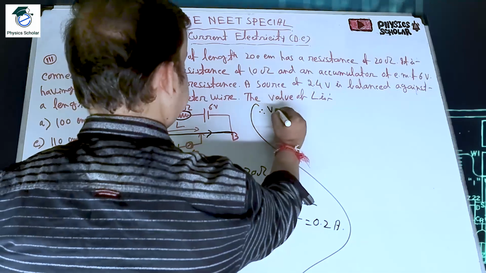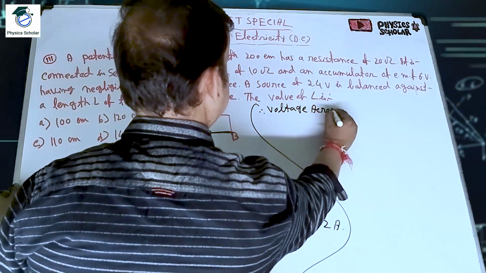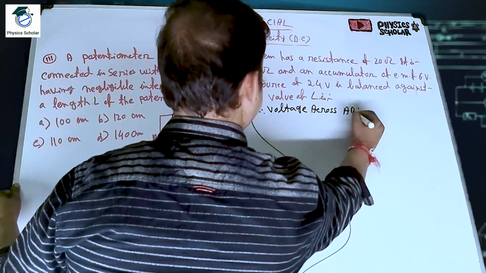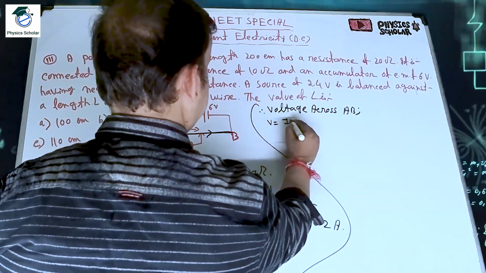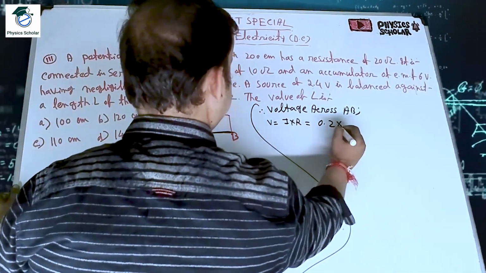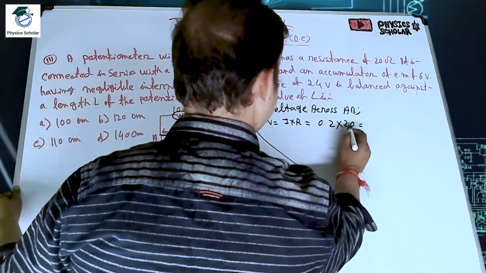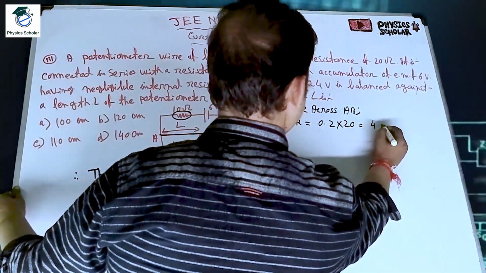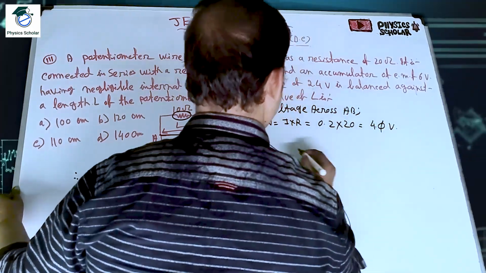So the voltage across AB, V is equal to I into R. What is I? 0.2 into R, that is 20, is equal to 4 volt. Clear?